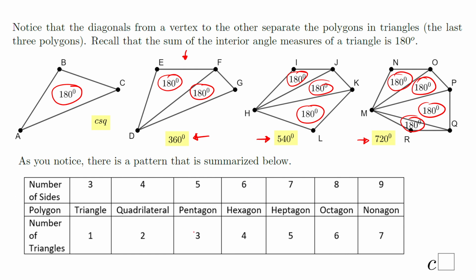Okay, and you notice here in this table, beside the triangle which we talked about, only one, quadrilateral two triangles, pentagon three triangles, and hexagon four triangles, I added three more shapes. A heptagon, which has seven sides, will have five triangles. An octagon, which has eight sides, we're going to have six triangles, and a nonagon is going to have seven triangles.